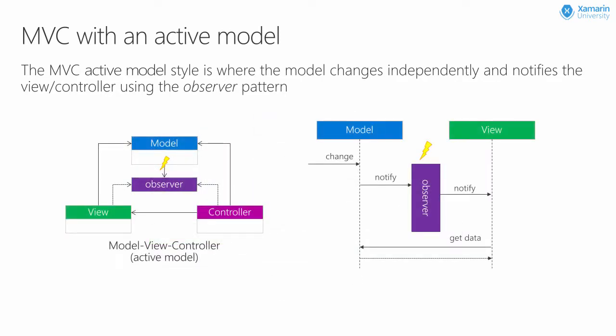When something changes the model, so for example, if your data is refreshed from a web service, it raises an event, or it sends a notification to a set of observers. So here you can see one of those observers would be the view displaying the model's data. The view would respond to this change notification by requesting the updated information from the model through a property getter or a method call. The view would then display the updated information.